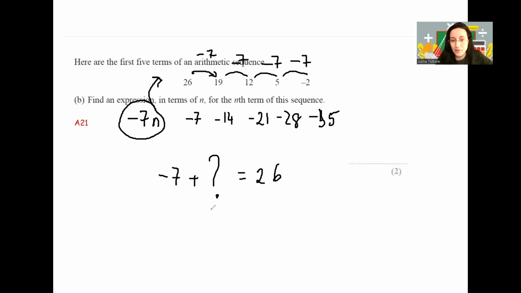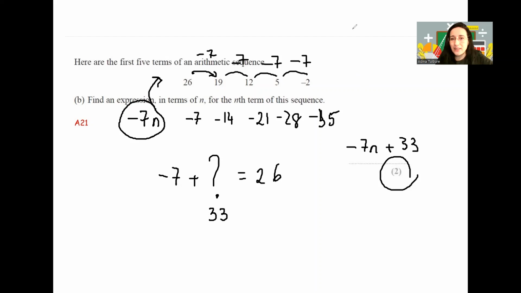That's 33. So I've added 33 there to get to 26. So the formula for this sequence will be minus 7n plus 33. Now let's check. Minus 7 times 1 is minus 7. 33 minus 7 is 26.